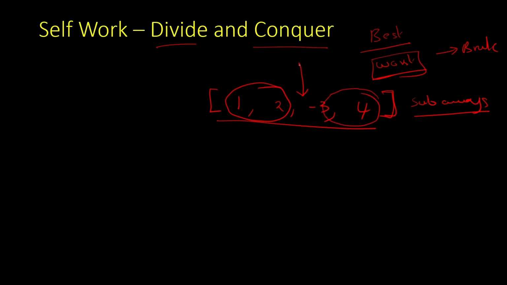For example, let us add one more element, and assume this is the middle element. I will send the array up to this middle element to a certain function, and again send the array from here to here to another function.